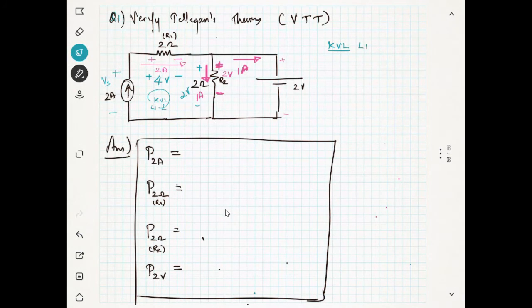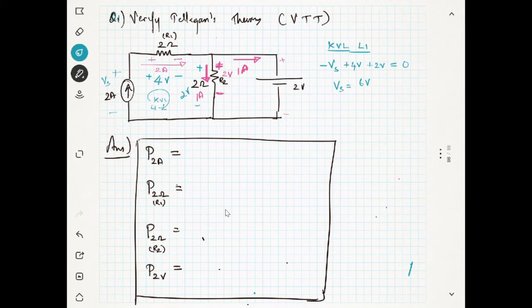Then it is minus Vs, then plus 4 volt, then plus 2 volt, that is the loop or the mesh, equal to 0. So Vs will be equal to 6 volt.